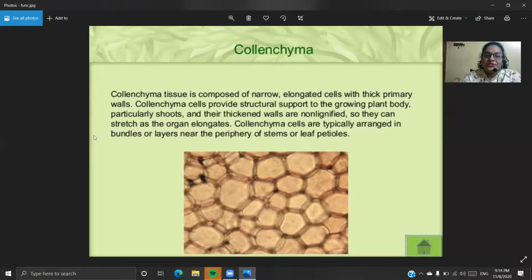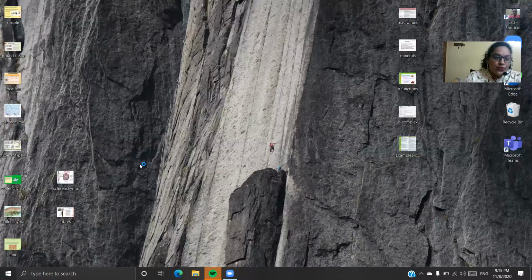They also help in stretching as the organ elongates, because as I told you, after the epidermal parenchyma you have the collenchyma. As the cells form, they help in the elongation process. So they help in stretch as the organs elongate. They provide mechanical strength, flexibility, and tensility. So this is about the collenchyma.